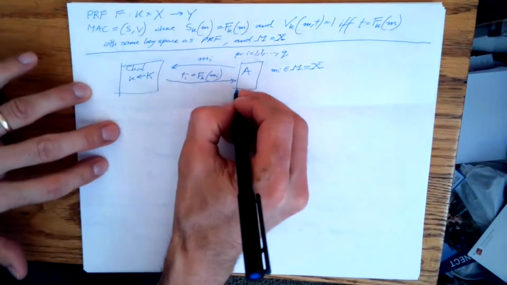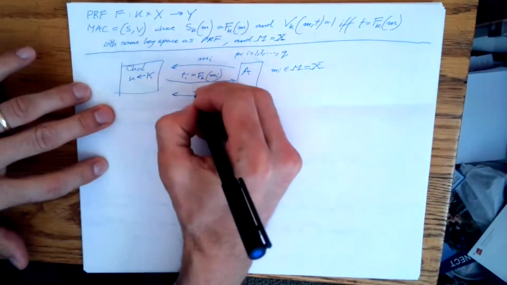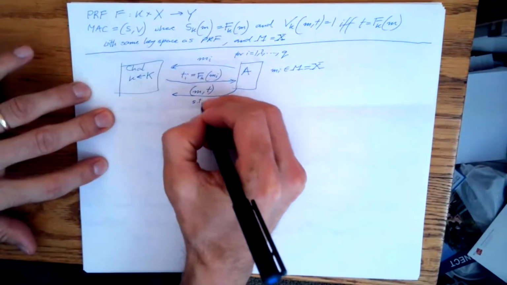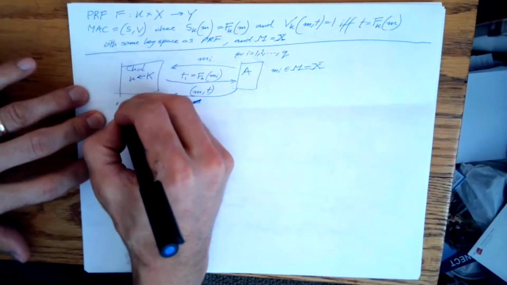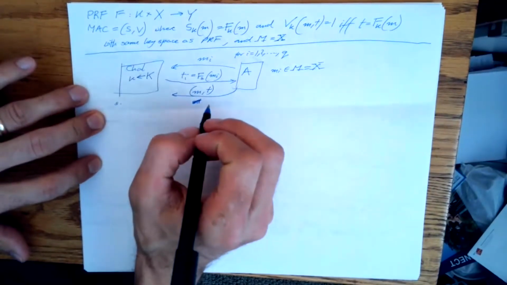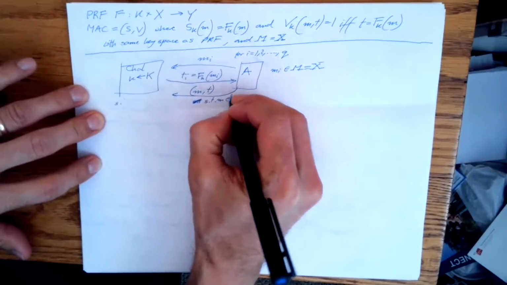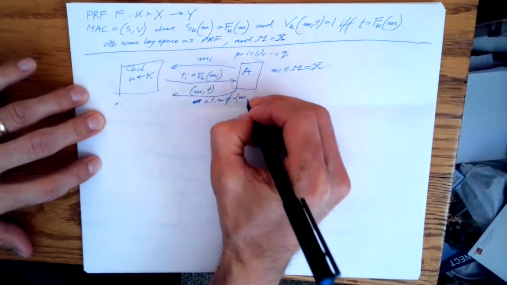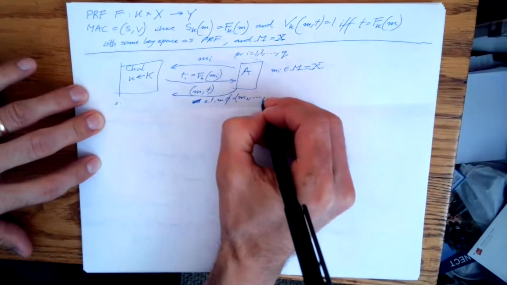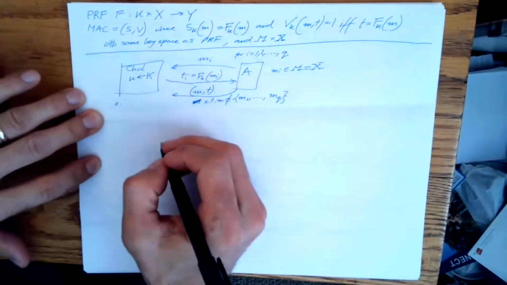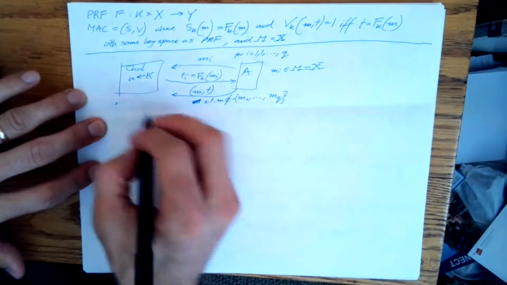Then the attacker sends an m and a t. We can assume that m is not among the queried messages, because otherwise that wouldn't be a valid attack.